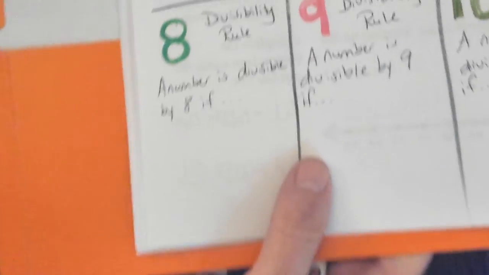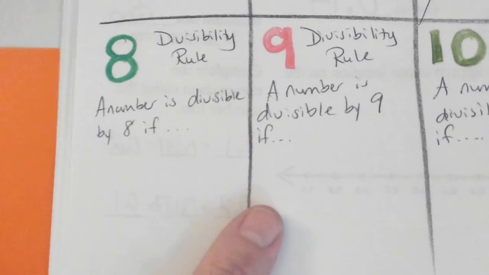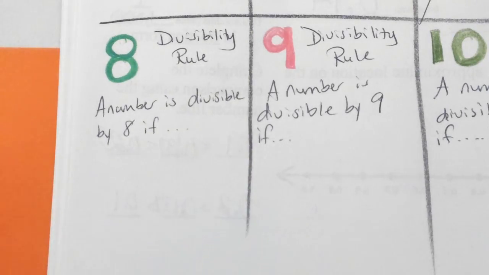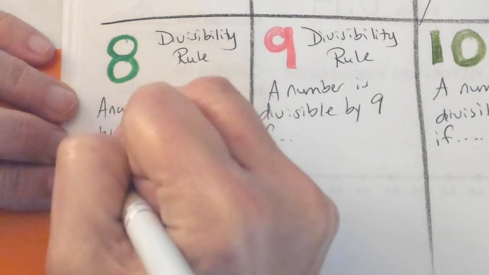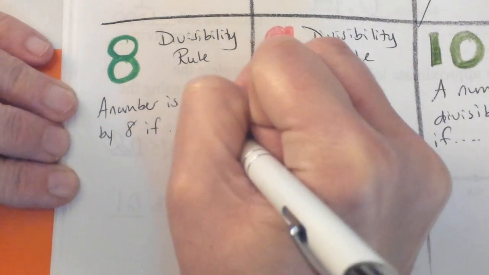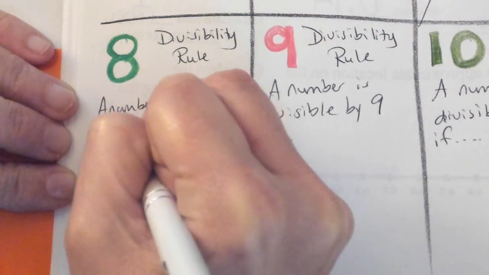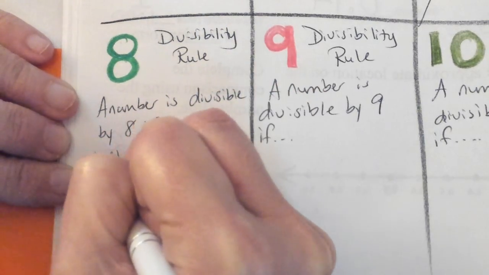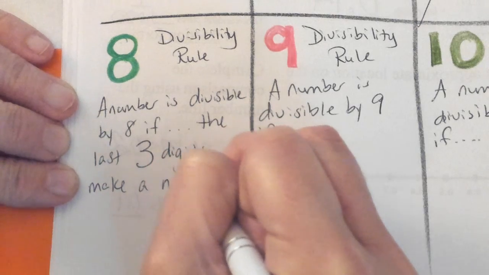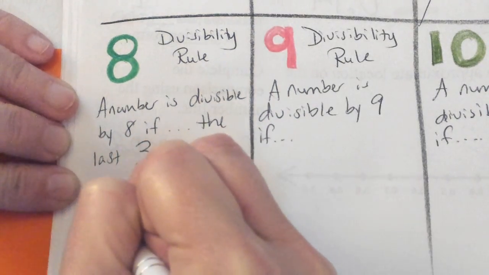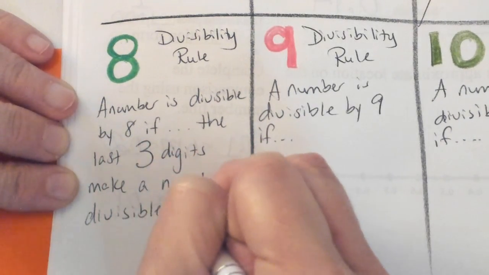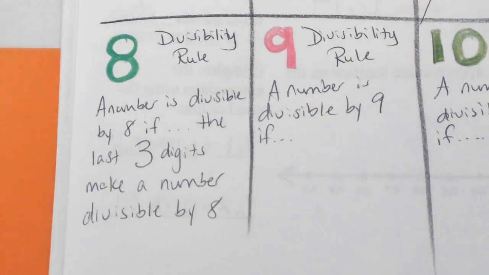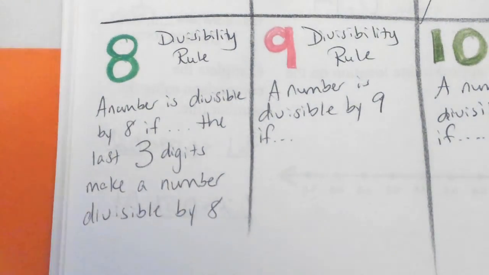8. The rule for 8 is also not all that useful, but it's easy enough to write, so I'm going to put it here. A number is divisible by 8 if the last 3 digits make a number divisible by 8. Okay, so that's kind of like the rule for 4.